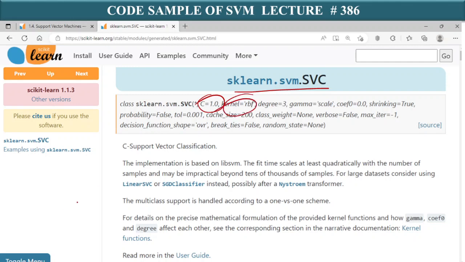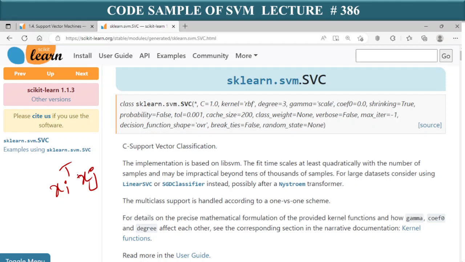Kernel equal to RBF. We already discussed RBF. Linear kernel basically means Xi transpose Xj. Or polynomial kernel, RBF kernel, sigmoid, or you can create your own precomputed kernel.